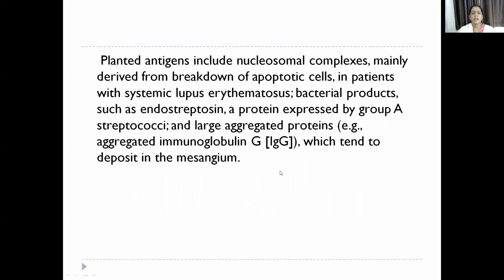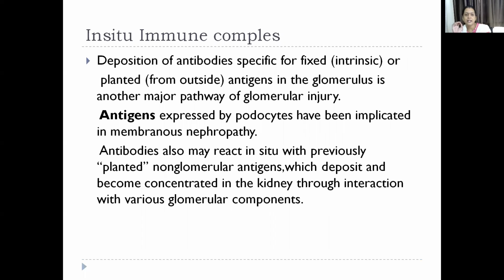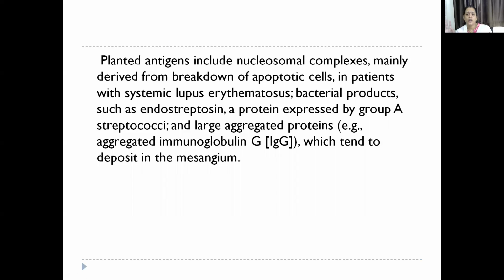These planted antigens include what? They are breakdown of apoptotic cells in SLE, bacterial products, endostreptosin of the streptococci, and large aggregated proteins. So what we are saying is that the in situ immune complexes can be directed towards the kidney's own antigens, or they can be planted to something which is not glomerular. These non-glomerular things can be bacterial products, and it can be apoptotic cells in SLE.